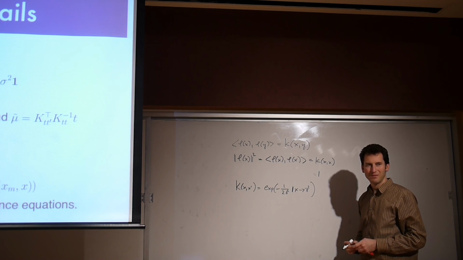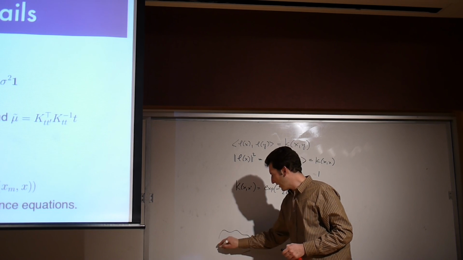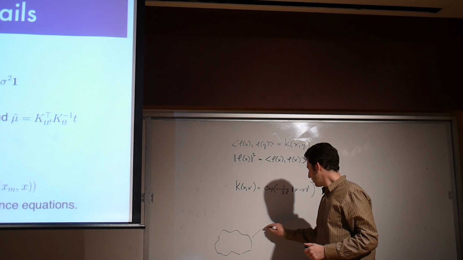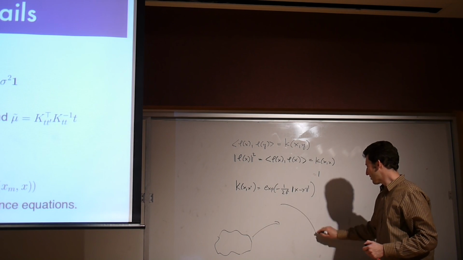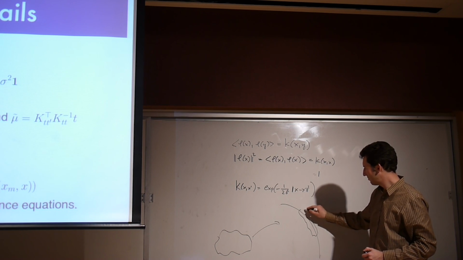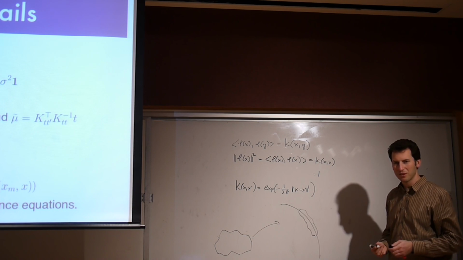So what does that mean? It means that we are mapping whatever original space we had onto the surface of a ball. It sits there somehow, of a unit ball in some infinite dimensional space.